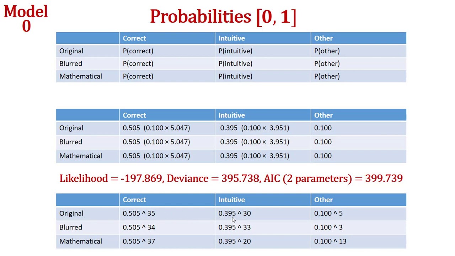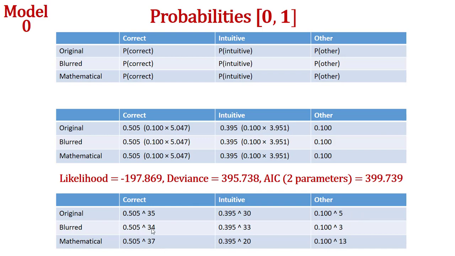It was 0.395, and because we observe it 30 times, we multiply 0.395 30 times. And for the 5 participants that showed another answer, the likelihood of observing that answer was 0.1. And so we multiply 0.1 5 times, or elevate to the power of 5.